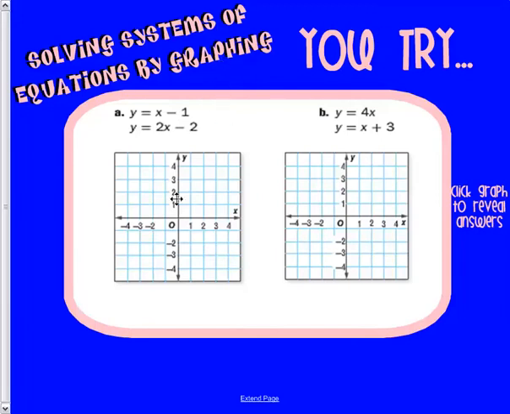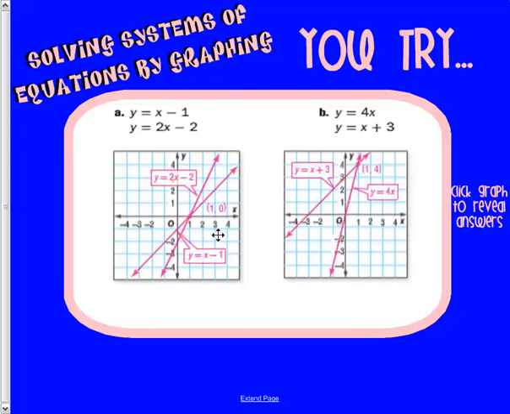Okay, so if you graph this particular equation, you would see that when x is 0, the negative 1 is your b, and then you're rising 1, running 1, rising 1, running 1, and so on and so forth, okay? For this particular equation, your b, or your y-intercept, is negative 2.